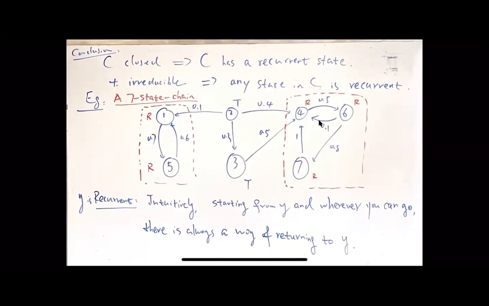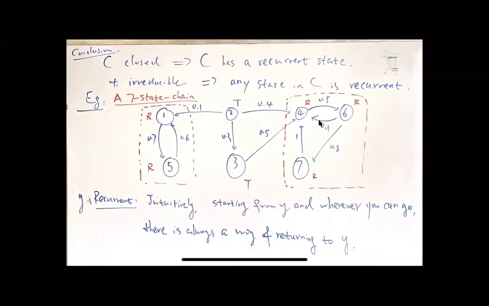So we have shown this: if C is closed, then C has a recurrent state, but we need C to be finite. This is a theorem we showed in last lecture. I just told you how to show that; I didn't show the details. So if C is a finite and closed set, then C has a recurrent state.